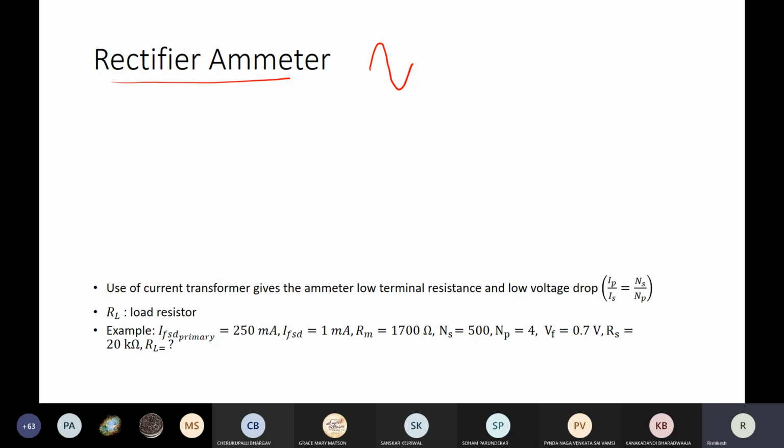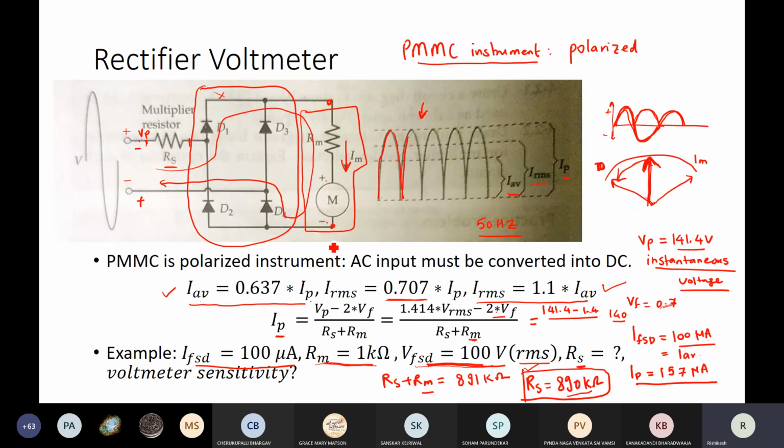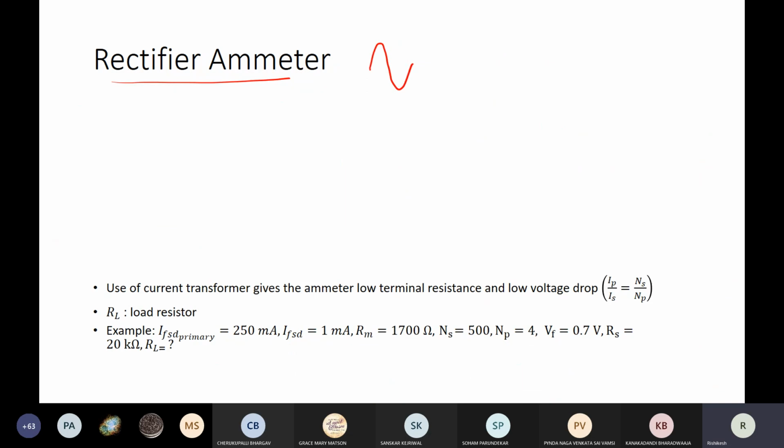Now in the case of a rectifier ammeter, if I consider full wave rectification, the voltage drop across the diodes will be significant, no? 1.4 volts across the diodes. In that case the burden voltage will be significant, so it will not satisfy the criteria for an ideal ammeter.